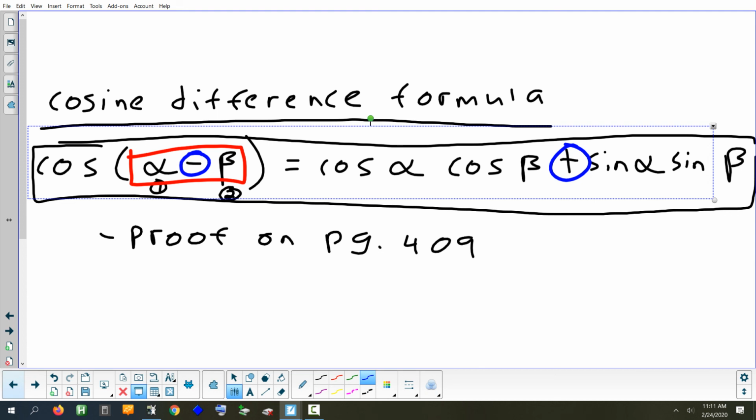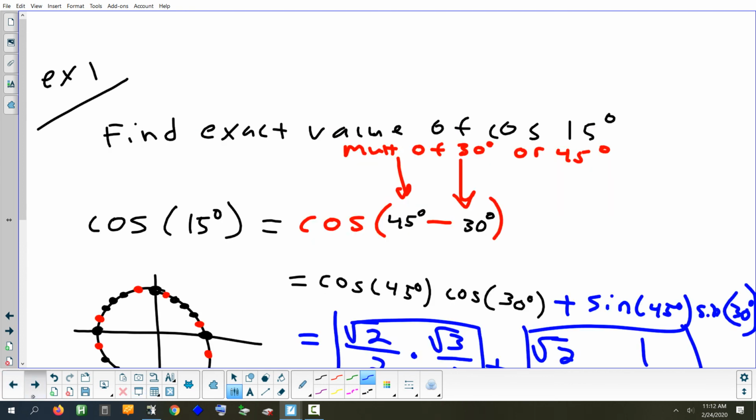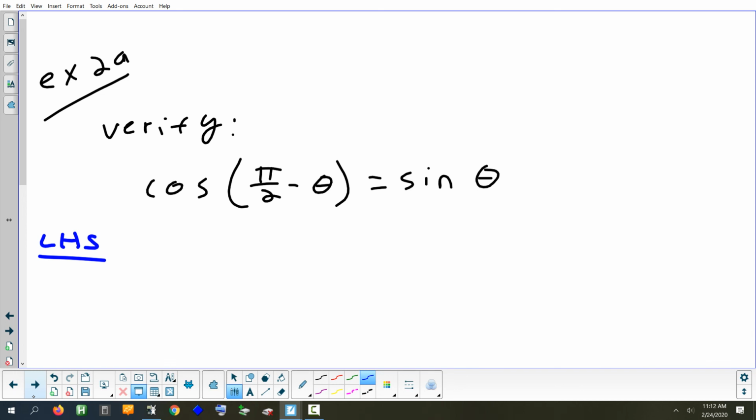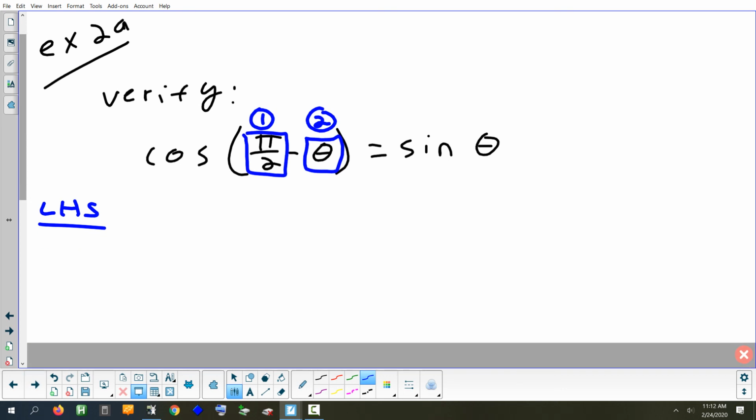Everywhere you have a beta, put theta, and write out exactly what's on the right-hand side. Now, only some of this is going to simplify. The stuff with numbers will simplify. The theta will not. That's your first. That's your second. All right, so let's start out with writing our formula.